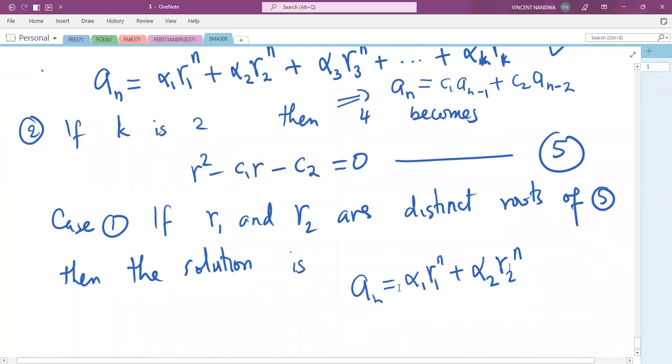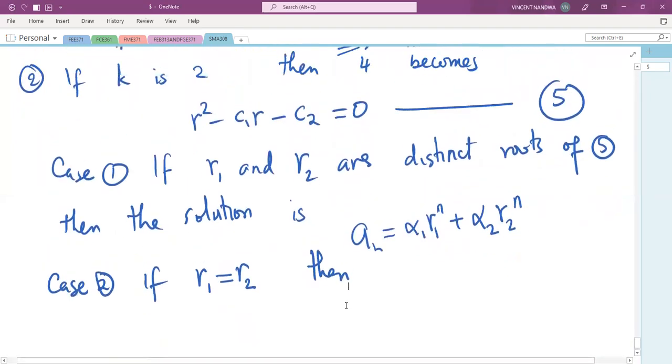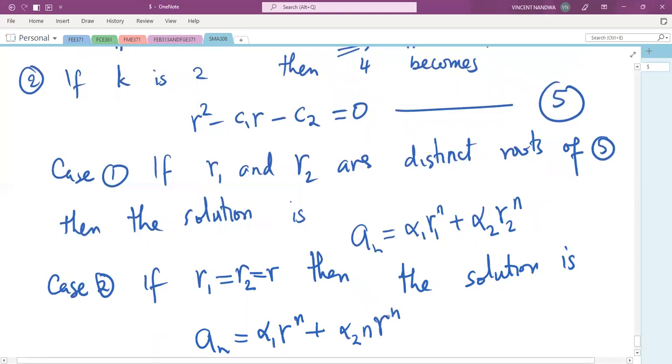And then the second case, case 2: if r1 equals r2, or just the same as the root of this equation, then the solution an is given by alpha 1 r raised power n plus alpha 2 n r raised power n.